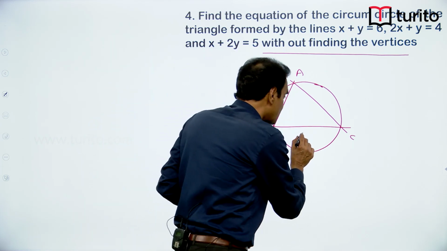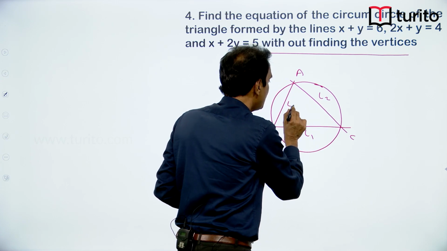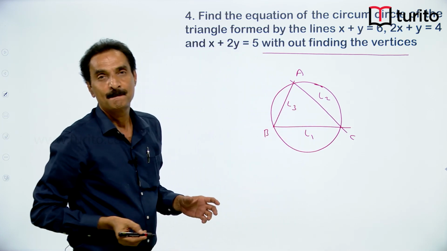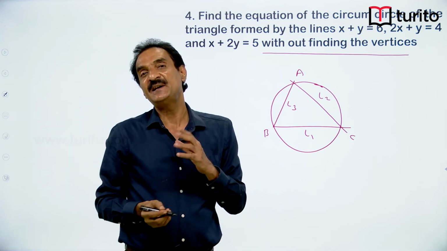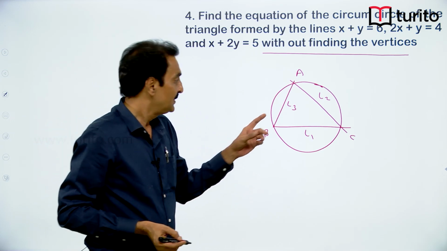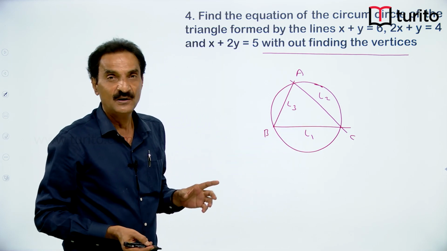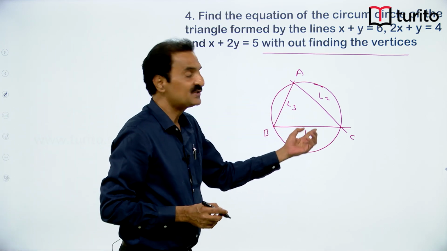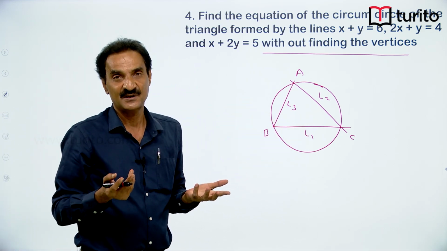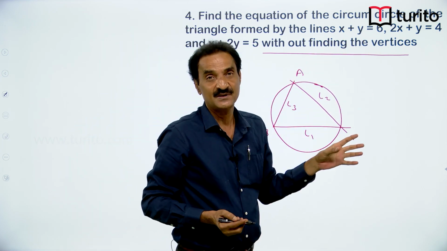Let the equations of the sides be L1, L2, L3. Now, I will form a second degree equation using L1, L2, L3. Okay. If you want a second degree equation, you know that each line will have a first degree equation. Every equation of any straight line will be a first degree equation.